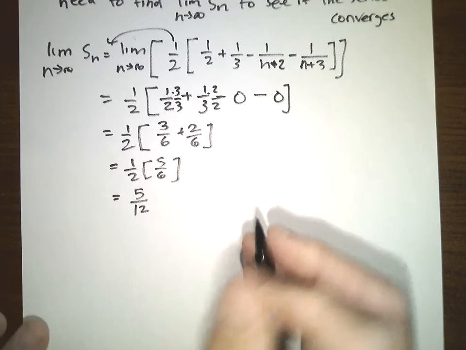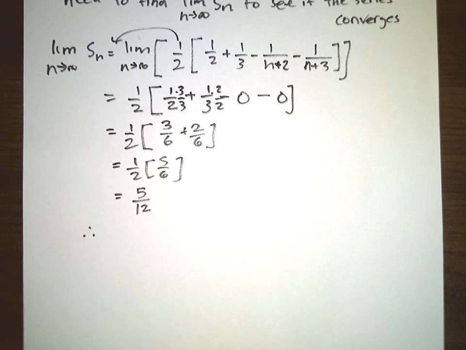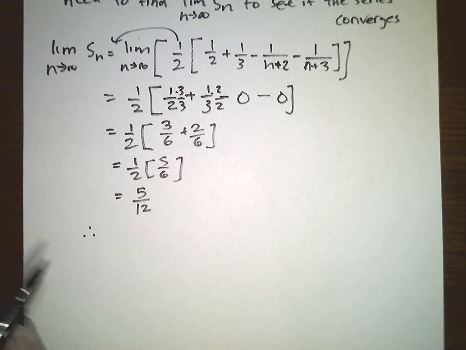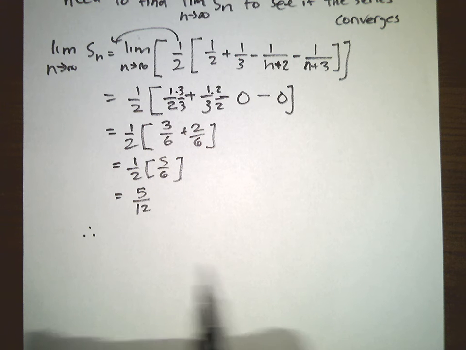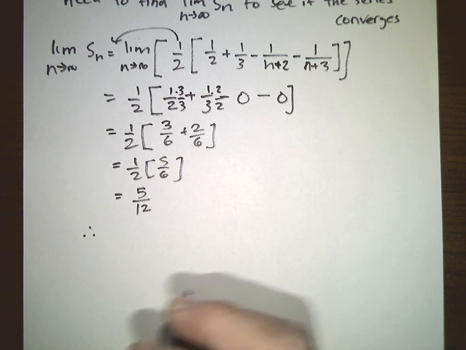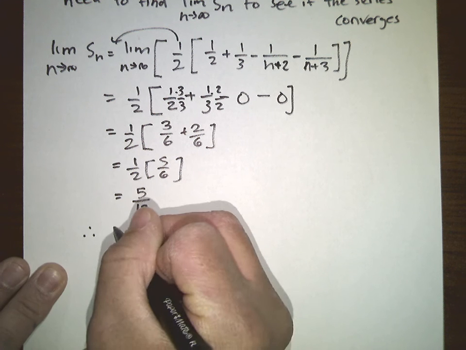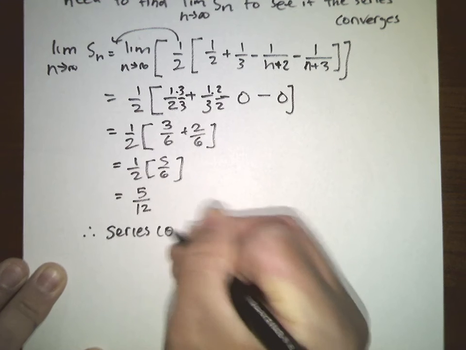So I know, therefore, the partial sums go ahead and converge to 5/12. So therefore, we say that this actually converges. All right, so the series converges.